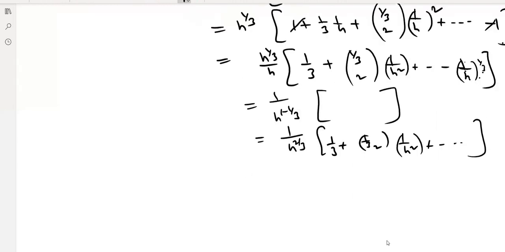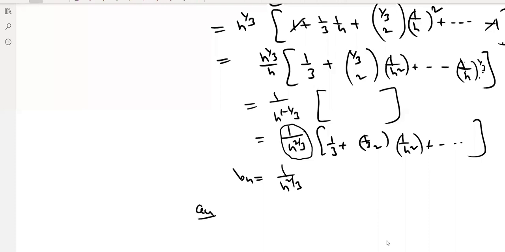But the thing is, now you can choose this as a Bn. So what is my Bn? My Bn is exactly 1 by n power 2 by 3.